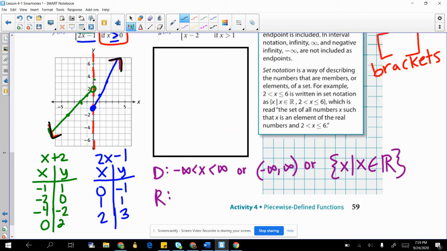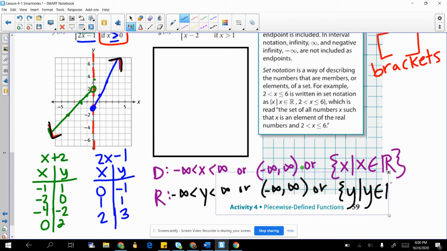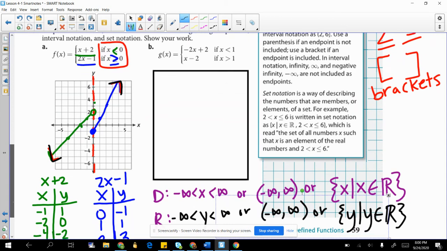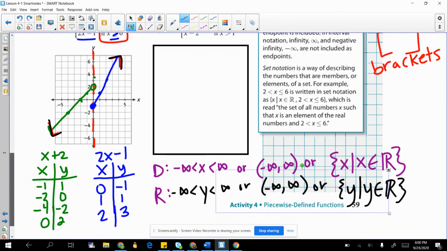So our range is going to actually be the exact same thing, -infinity, but we put y here, to +infinity, or -infinity to +infinity, or y is an element of all real numbers. And there you go.